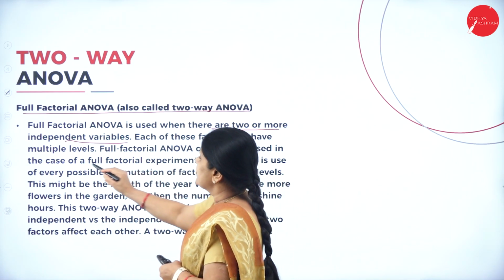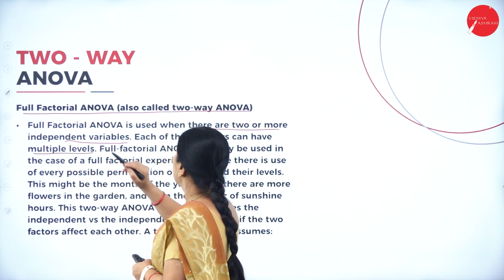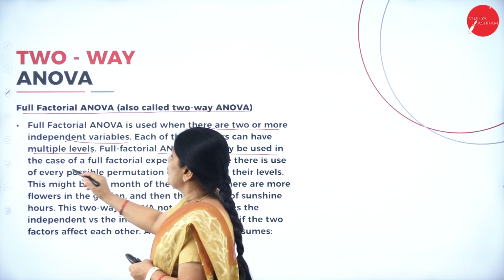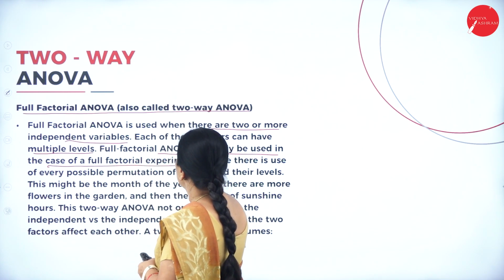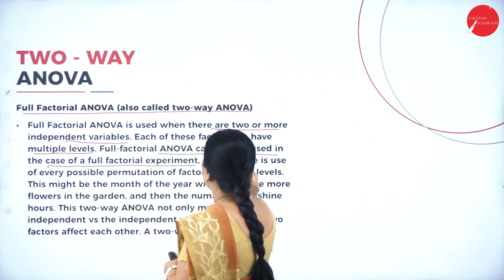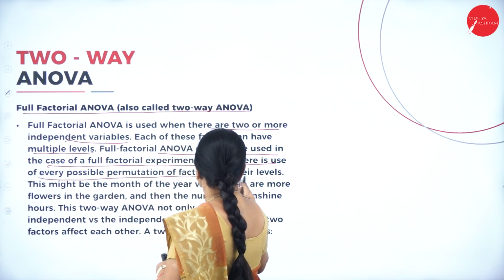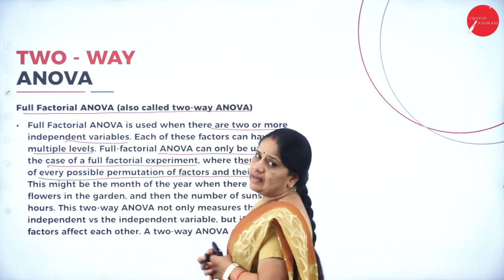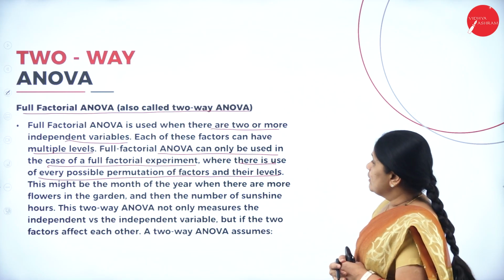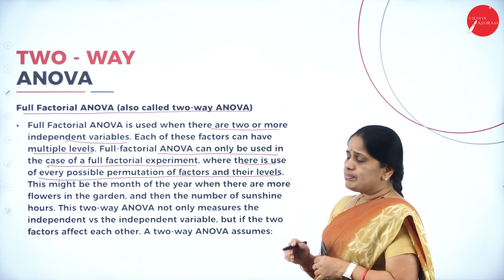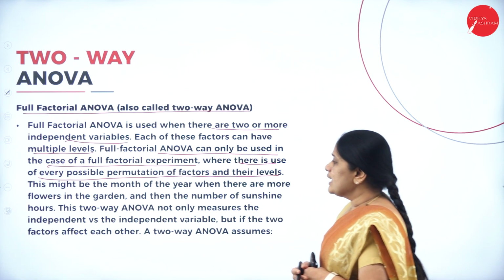Each of these factors has multiple levels. Full factorial ANOVA can only be used in the case of a full factorial experiment, where there is use of every possible permutation of factors and their levels.